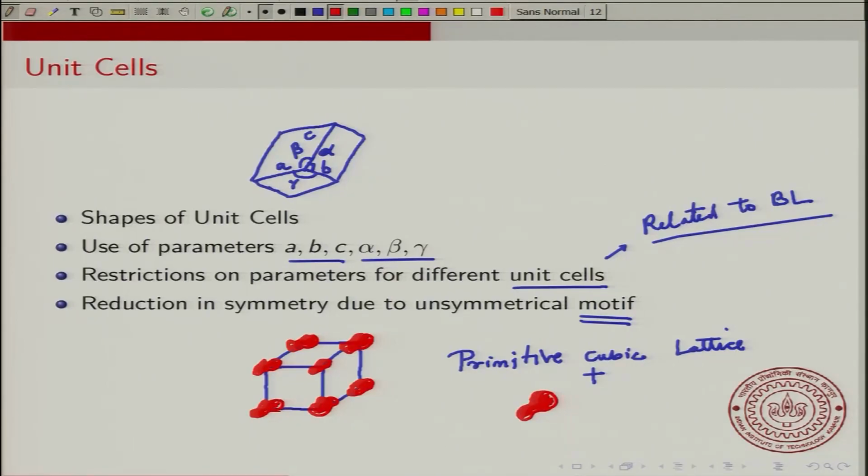Now you can see that this threefold axis is not there. Because of this unsymmetrical motif, if you rotate it by 120 degrees, you can clearly see that these two will not go on top of each other. So this is not a threefold axis anymore.